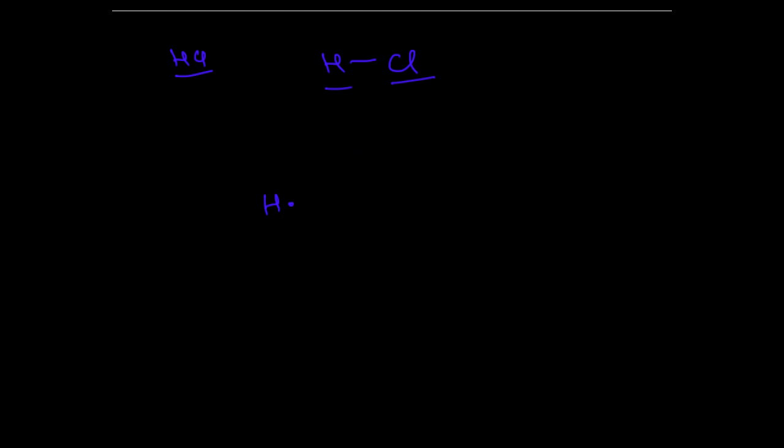And chlorine has 7 electrons in its outermost orbit, but just 1 electron takes part in bonding, and the other 6 stay as 3 lone pairs, and the sharing occurs, and the atom of hydrogen will be this, and the atom of chlorine is this.